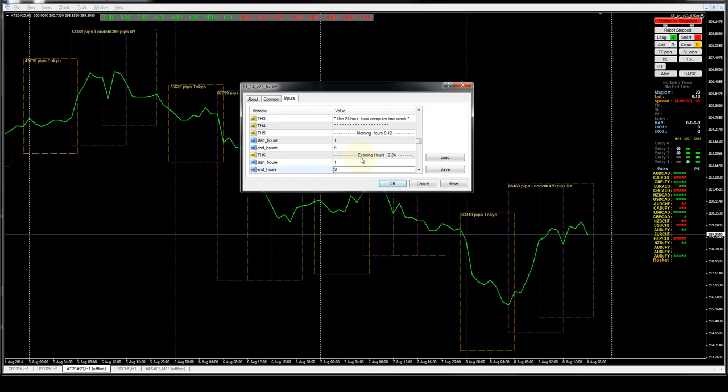You can tell the robot to take entries only during this window of time, and you can also tell it to take an exit when this window closes. What the exit means is when I got to the 9th hour, after 9 o'clock in the morning, if there was any open trades, it would automatically close all the open trades on this particular basket.